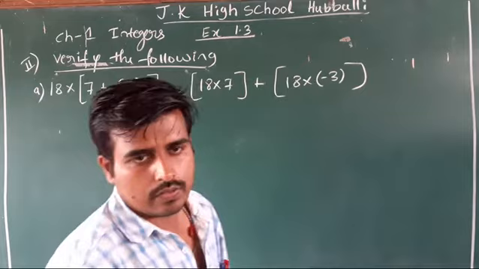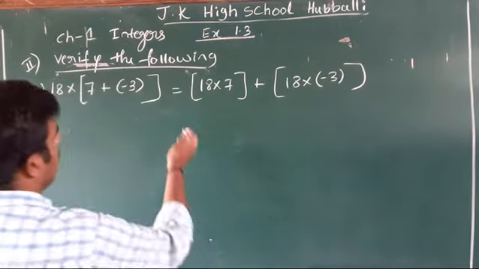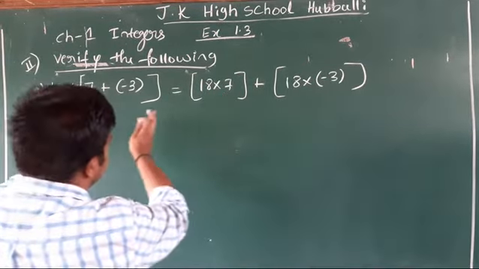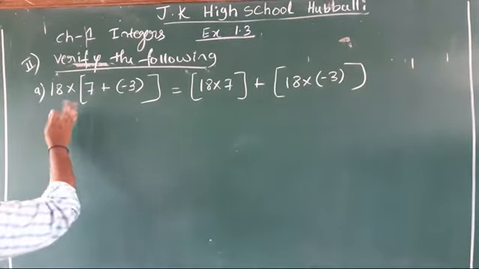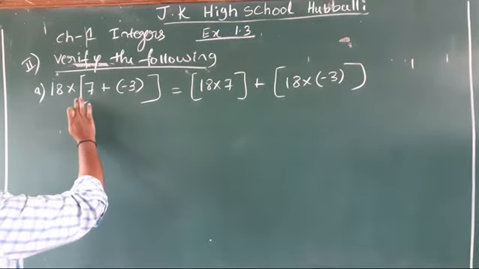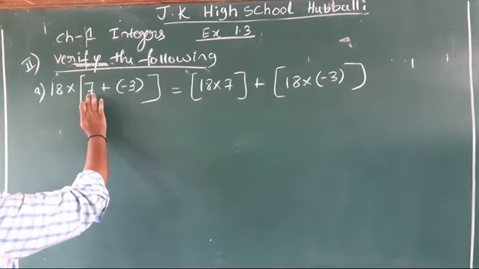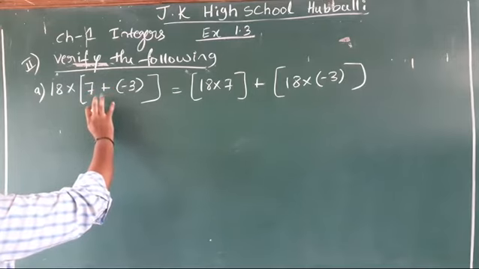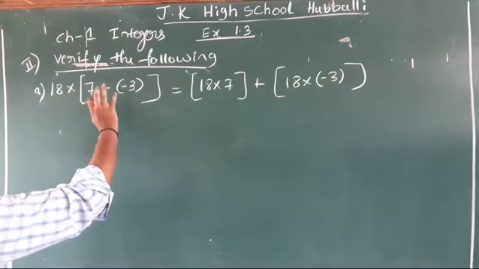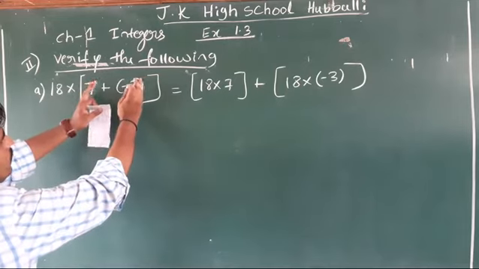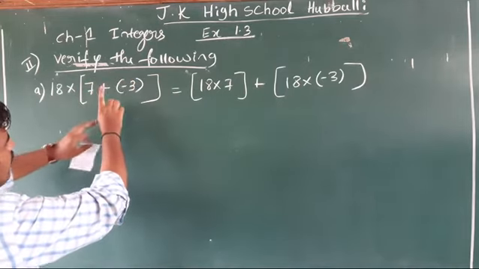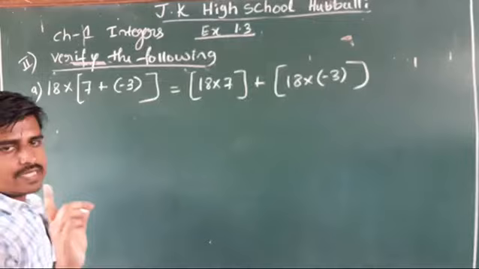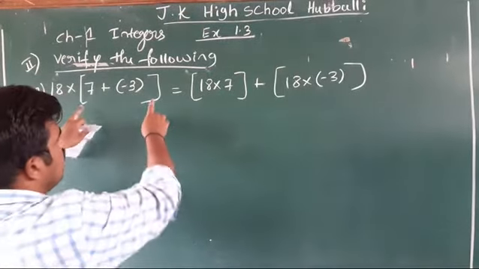First I will solve the LHS. I will come to the RHS later. Look here, these two numbers 7 and minus 3 are inside the bracket. So first I need to solve these two integers in such a manner that I get a single number answer, then only I can remove this bracket.